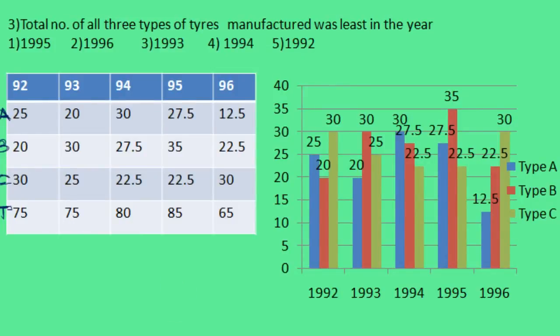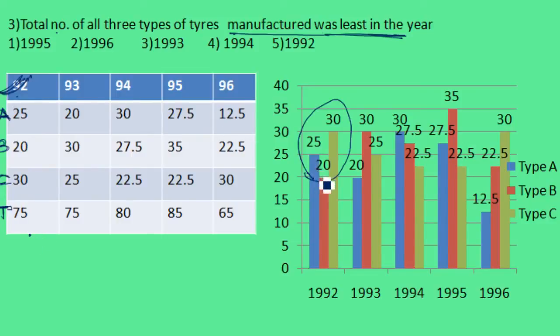Now here the total number of all three types of tires manufactured is given, and the question asked is, what was the least value? So you can see 1992 this much was produced. I have written it here so that things are more clear.